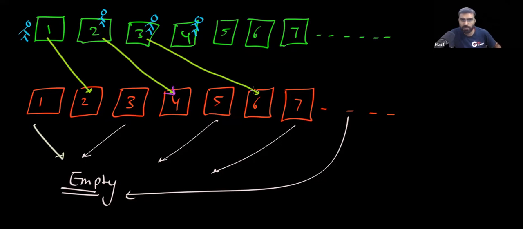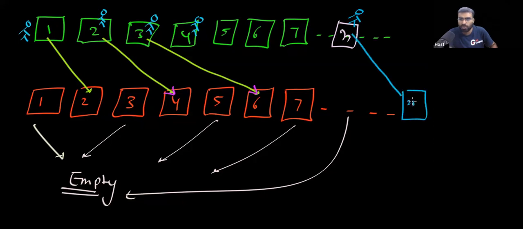So please notice what I'm doing. If you have a person in room number n, then where will this person go? Tell me. This person will go to room number 2n. Yes or no?